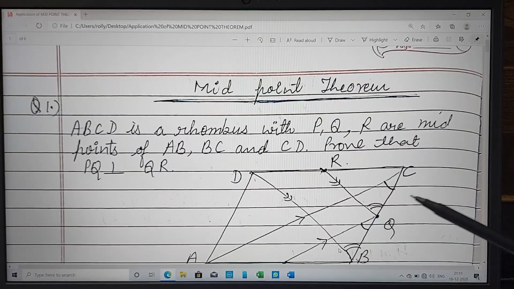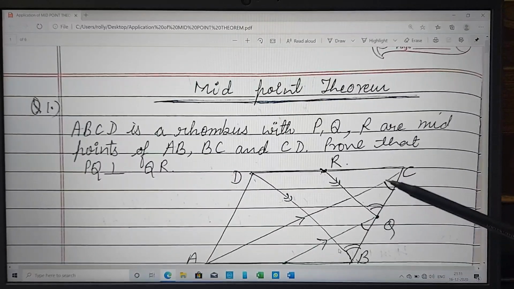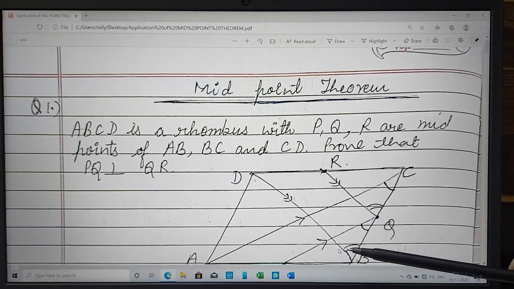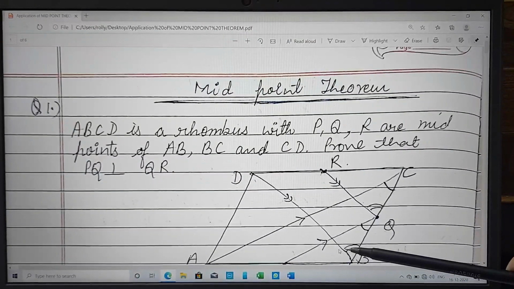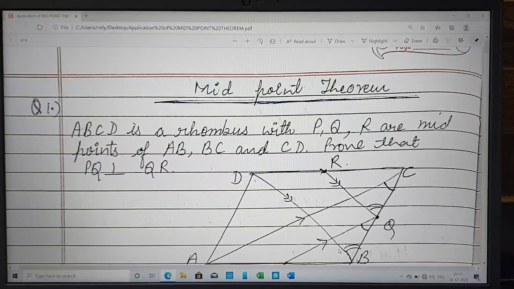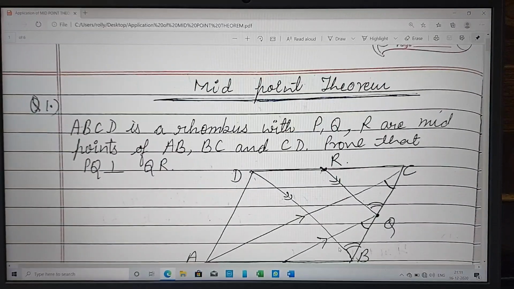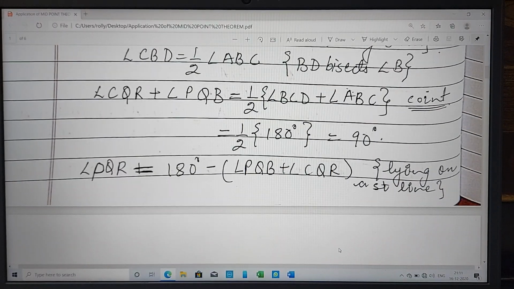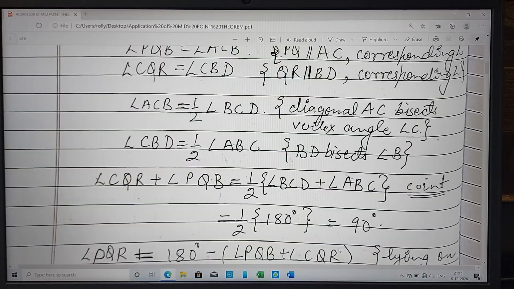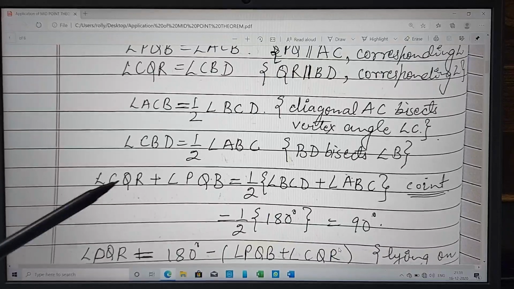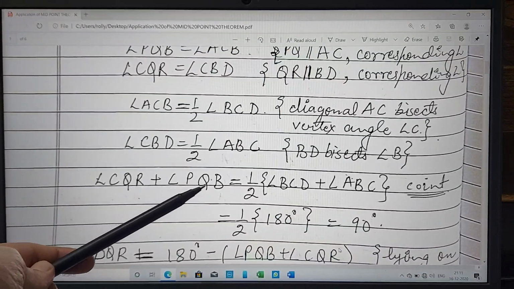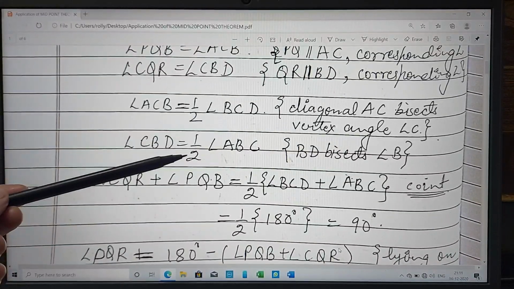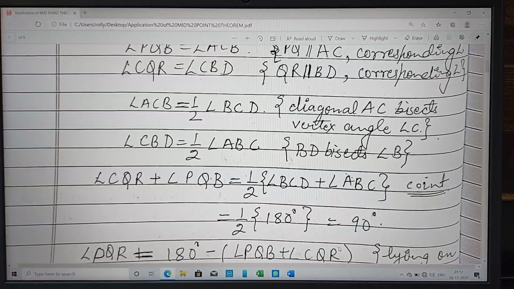Just now we have shown that this small angle is equal to half of angle BCD, and that angle CBD is half of complete angle B. Clear? Now, if we add both the angles, angle CQR plus angle PQB, here I have shown that they are half because diagonals bisect the vertex angles.